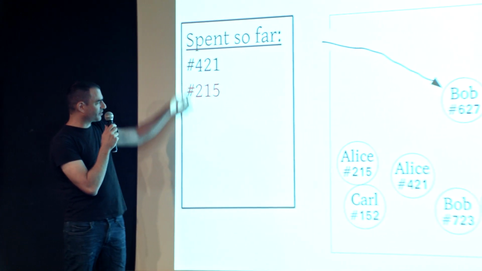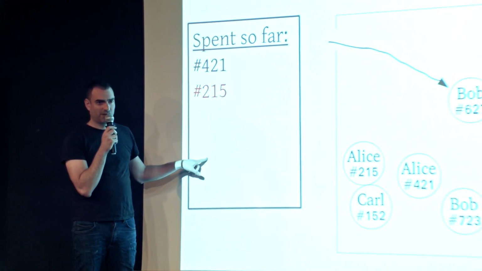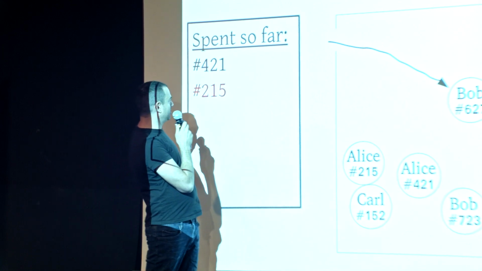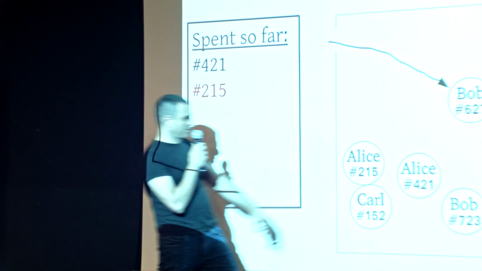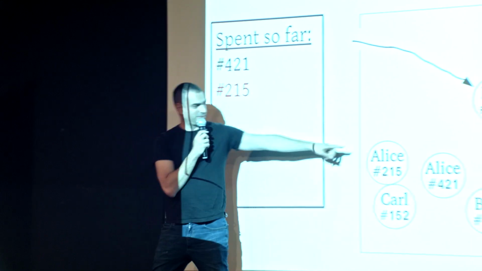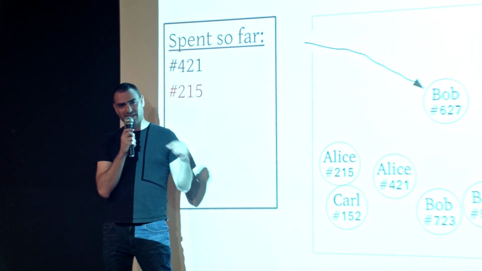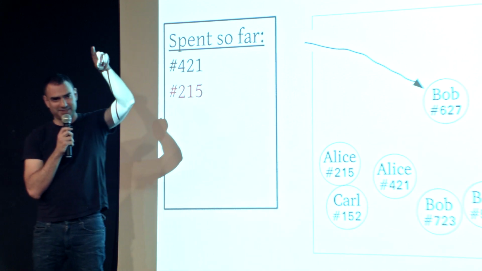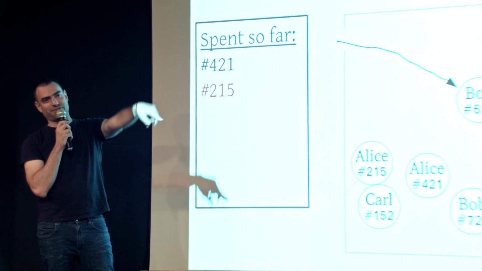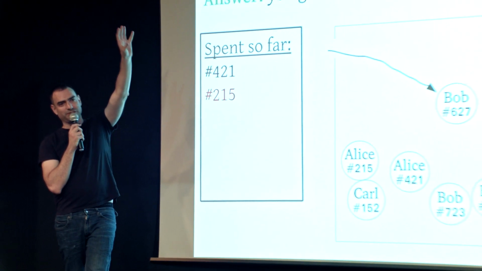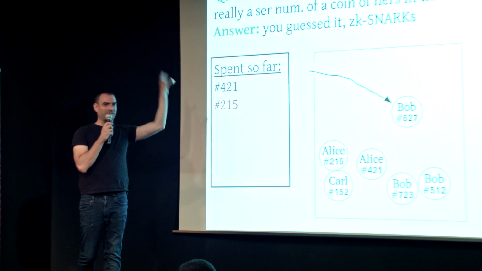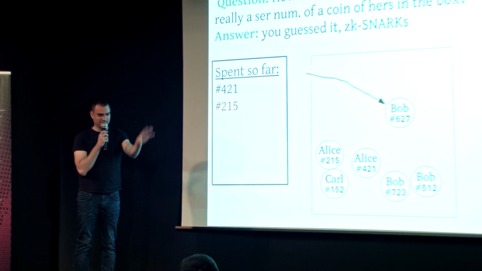And also, this list is public. So when Alice spends this coin, she will prove: I know some coin and some path in the tree, such that if I take the hash of this coin that I know and follow this path of hashes, I will reach this root that we all agree is the root of the tree of all the coin commitments.